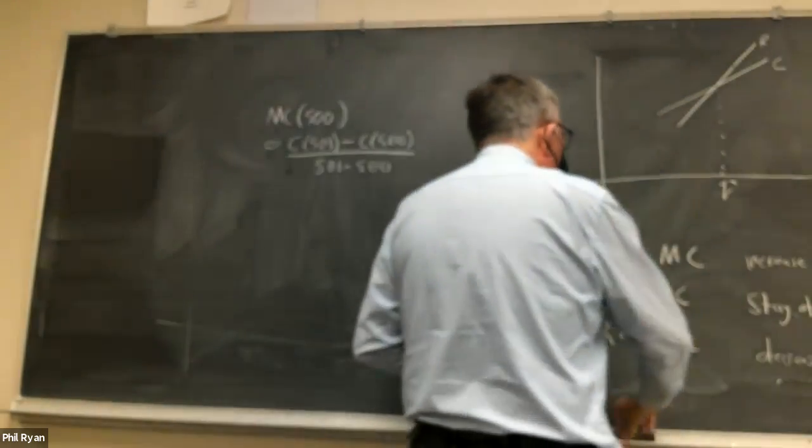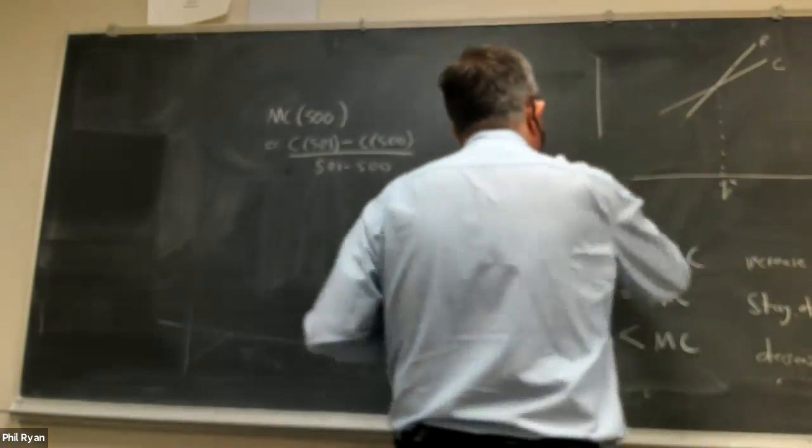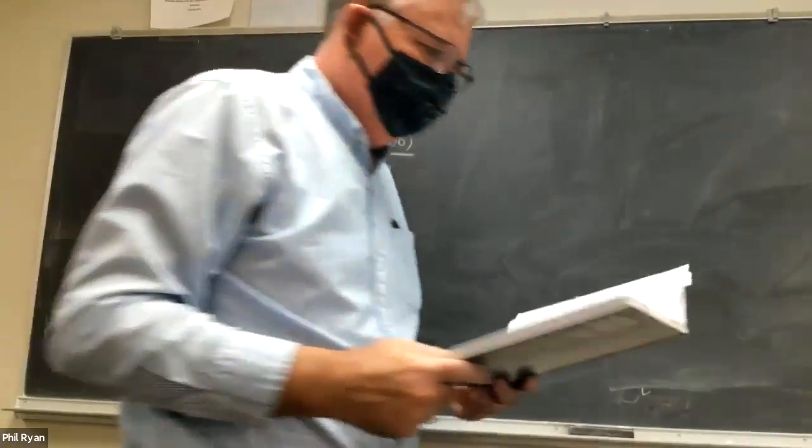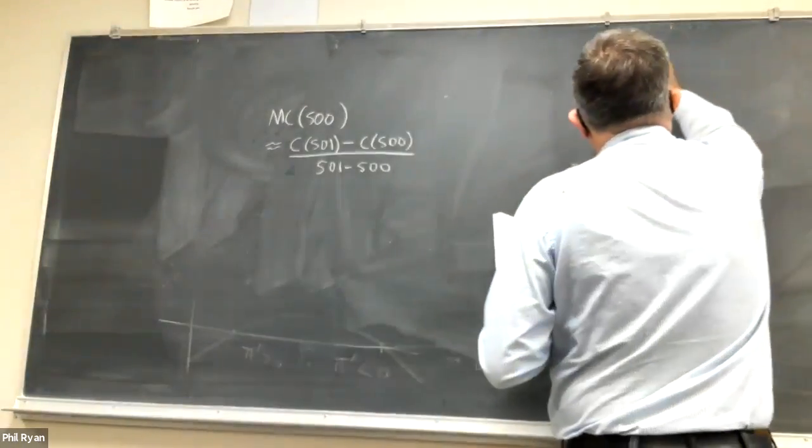Okay, so these are graphical problems. Let's have a look at something numerical. Let's say it costs $500 to produce 1,000 items, and the marginal cost is $25.